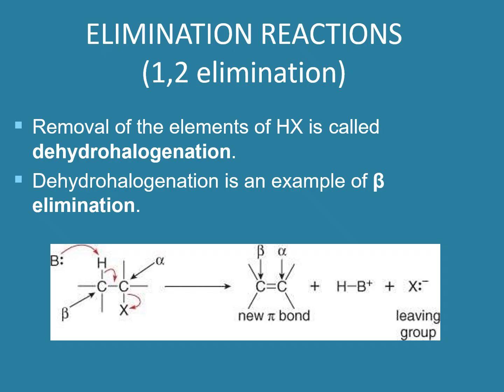Any carbon atom attached to the alpha carbon atom is known as a beta carbon atom, and the hydrogen atom attached to the beta carbon atom is known as the beta hydrogen atom. Elimination involves loss of this beta hydrogen.